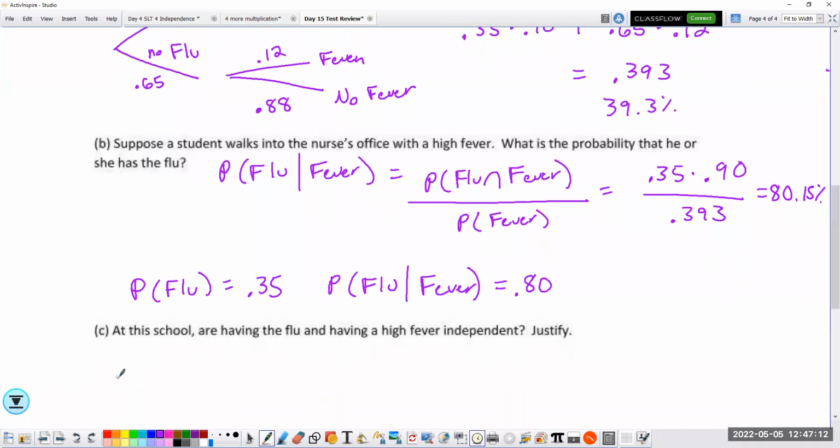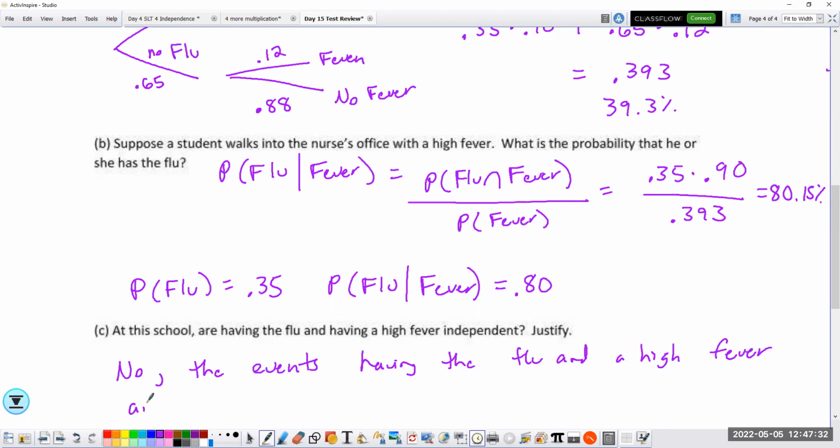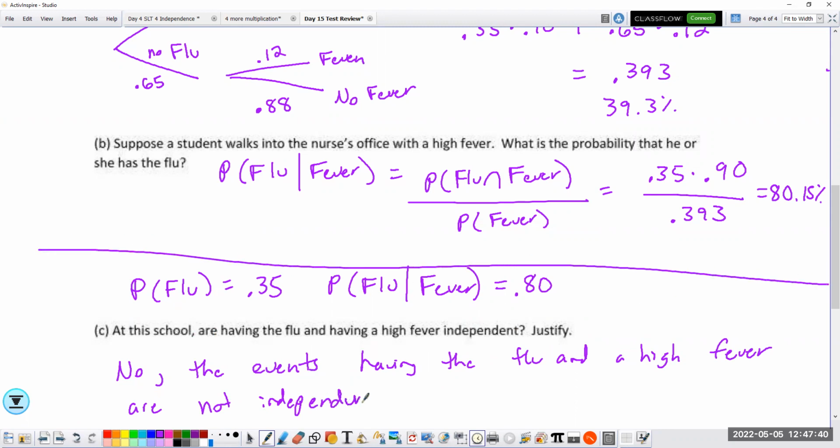So I'm going to say no, the events having the flu and having a high fever are not independent. And again, I've stated this as part of my explanation: because the probability of flu does not equal the probability of flu given fever.